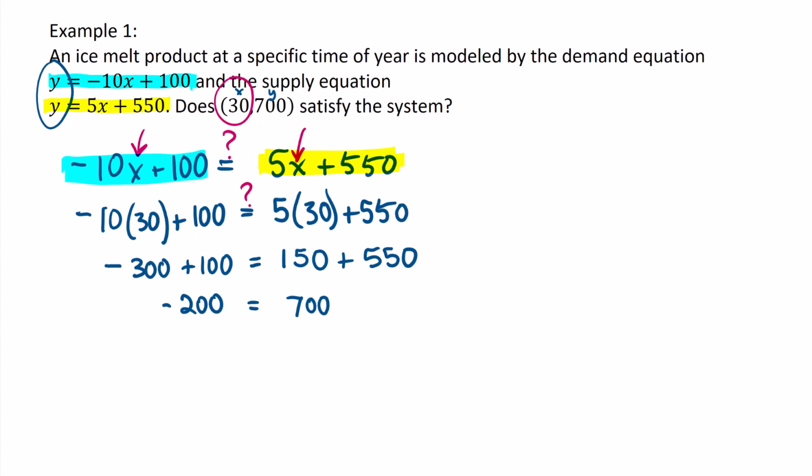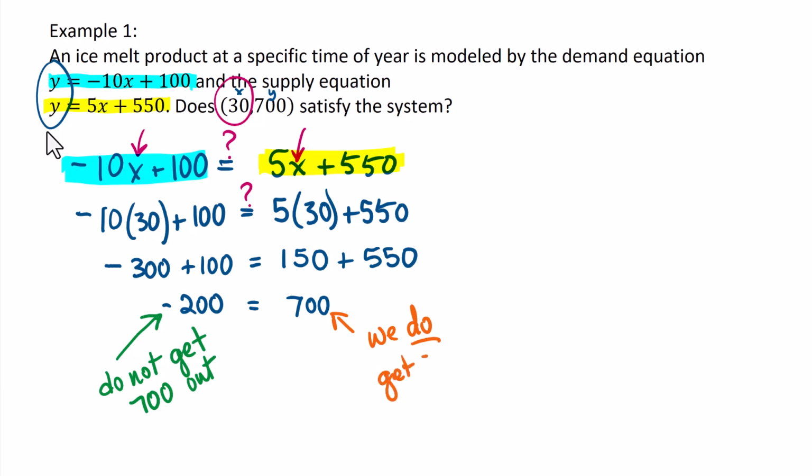So I want to show you that on the left side, when we substitute 30 in, we do not get 700 out. But on the right side, we do get 700.